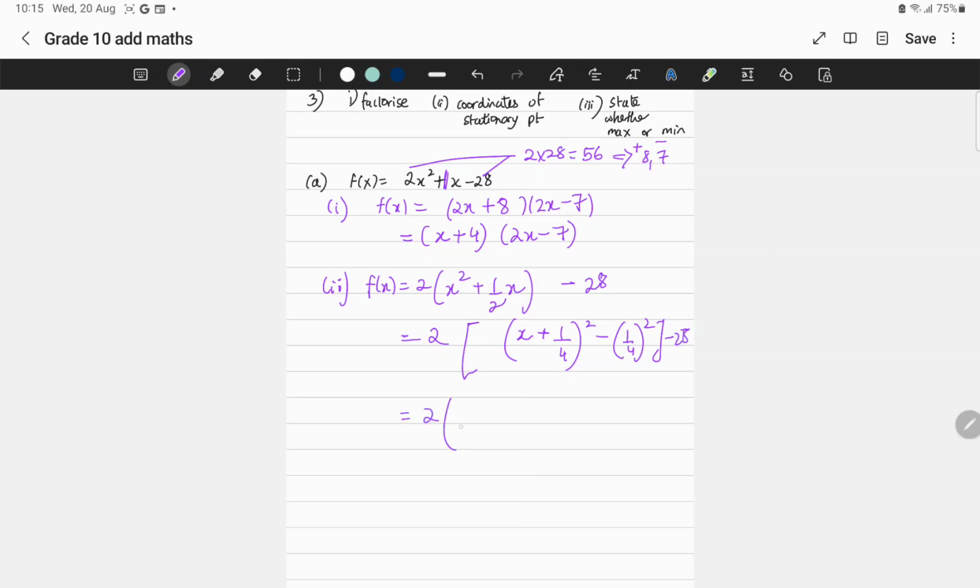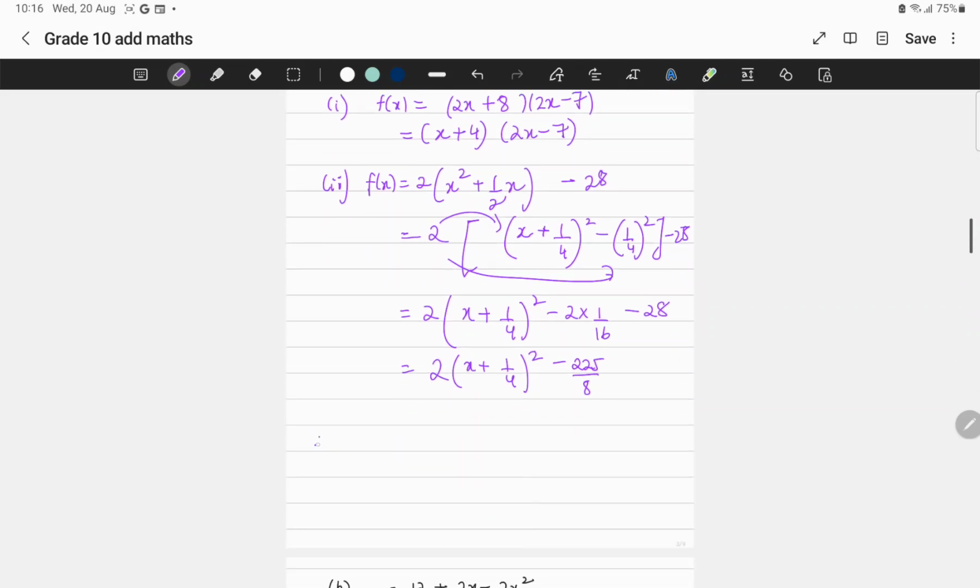That will be 2 bracket x plus 1/4 squared. I'm going to multiply the 2 again, and 2 times 1/16, minus 28. That will be 2 bracket x plus 1/4 squared, minus 225 over 8.